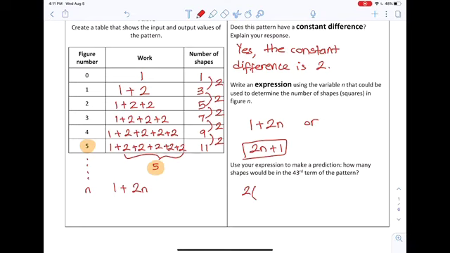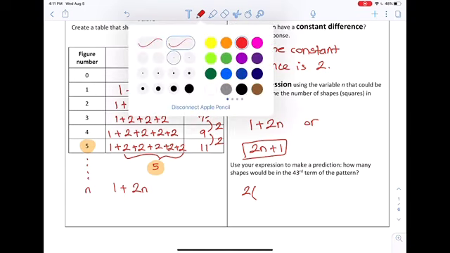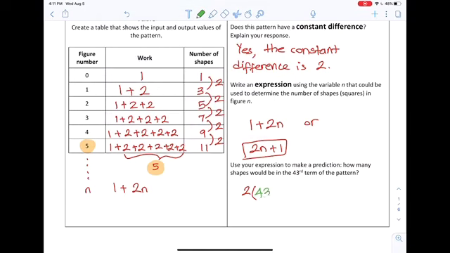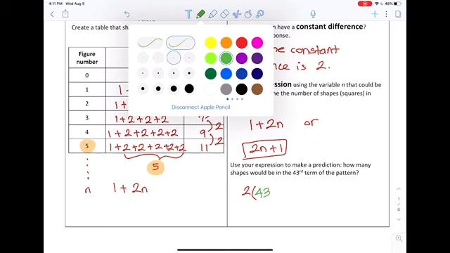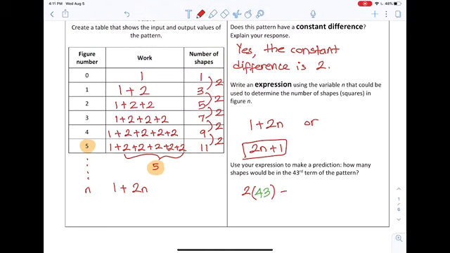I'm going to plug in 43 for n, and we will find 86 plus 1, which will give us 87 shapes. So here we have 87 shapes in figure 43.